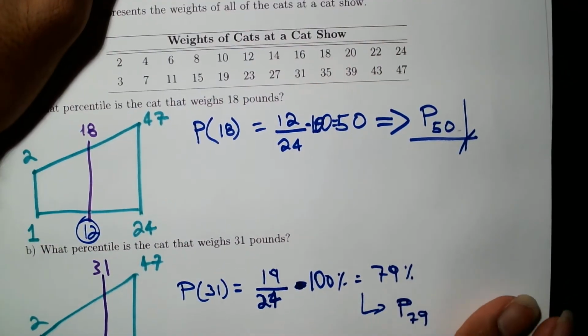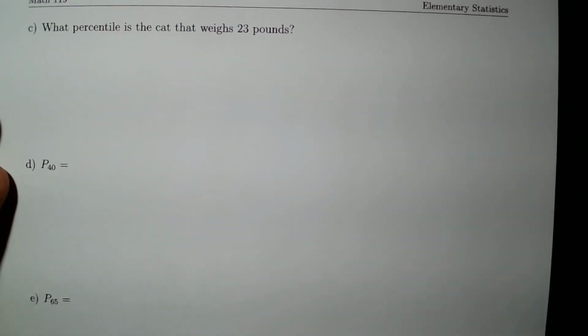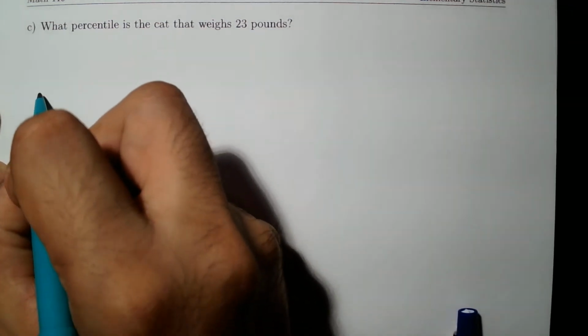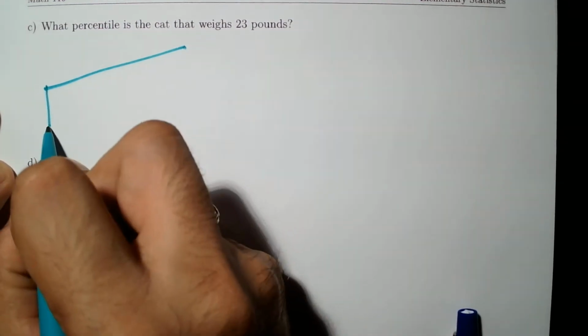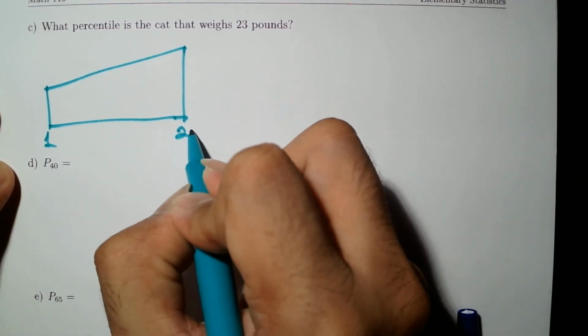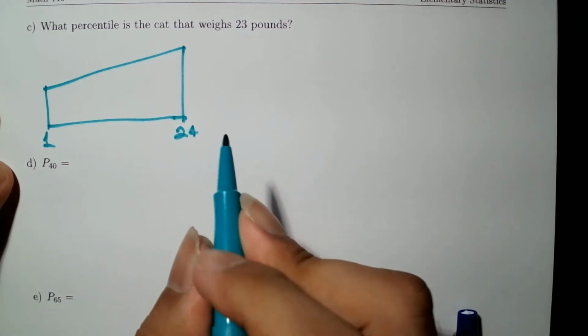Okay, let's look at another example here. What percentile is the cat that weighs 23 pounds? Well, let's do the same diagram. So 1, 24, because there are 24 cats.